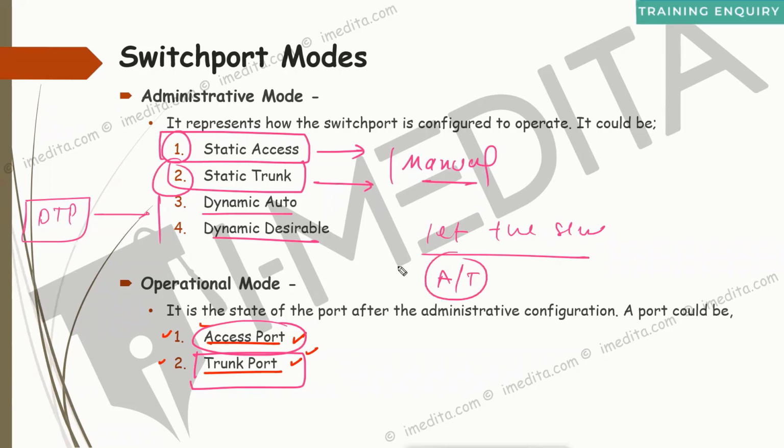I can let the switch decide automatically if it has to put the port in access mode or trunk mode. DTP is a proprietary protocol, and VTP is also a proprietary protocol.